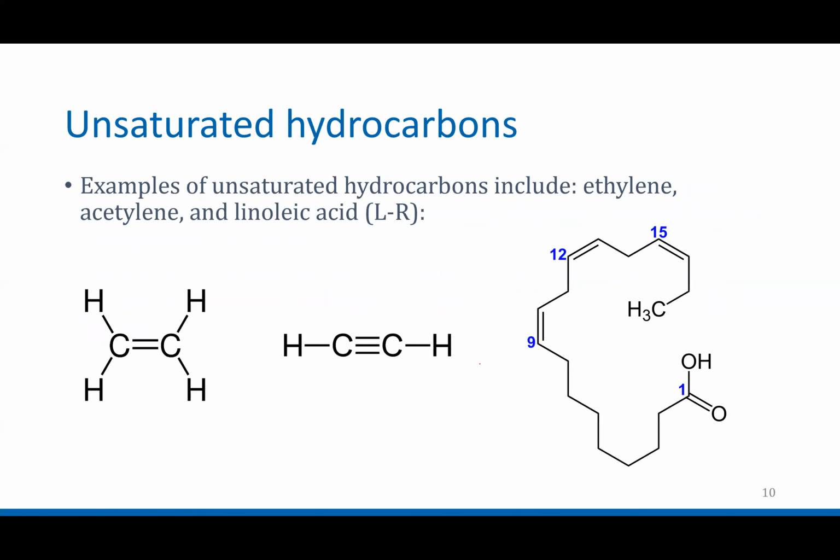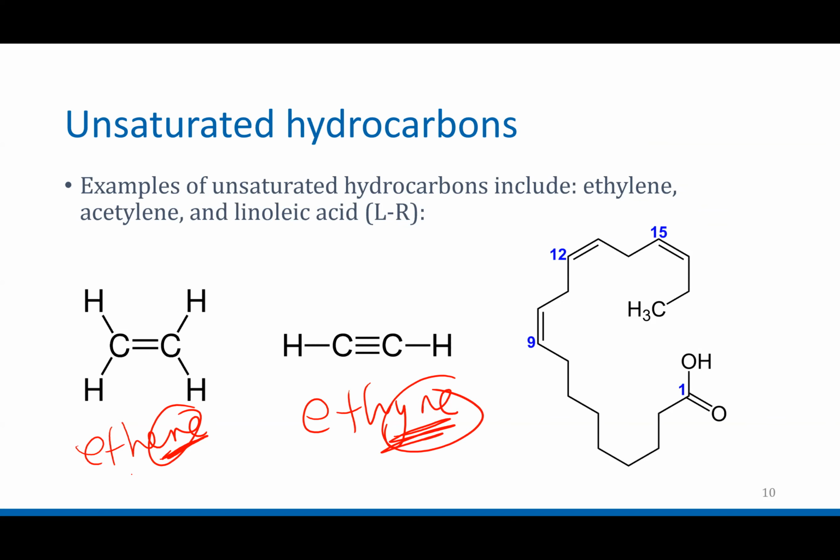So here are some examples. This is ethene. This is ethyne. The end of those words tells me that ethene has a double bond, ethyne has a triple bond.